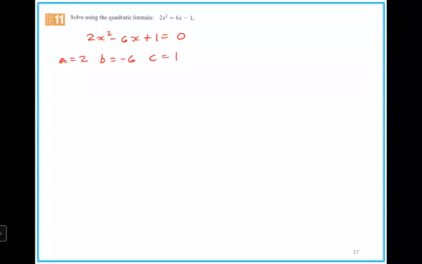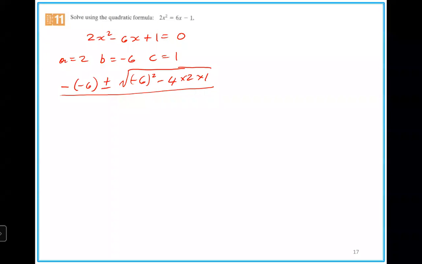So the formula will be negative open bracket, negative 6 close bracket, plus or minus square root of open bracket, negative 6 close bracket to the power of 2 minus 4 times 2 times 1 over 2 times 2.